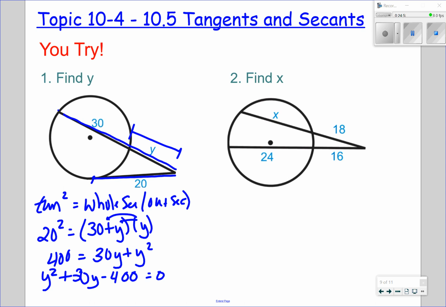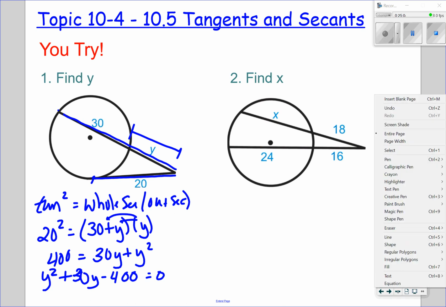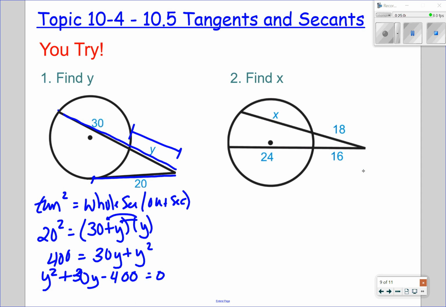And now I have a quadratic, and in the deep dark days of Algebra 2, you guys can now factor. If you remember your factoring skills, the idea is to think, all right, what factors of my C value will multiply to give me the C value, but add to give me this B value. Well, this is a nice one.